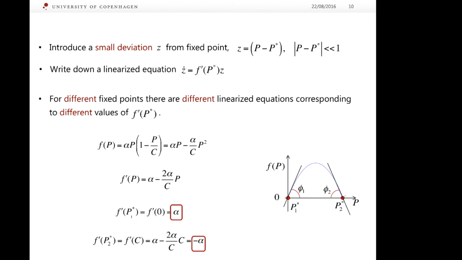So if we consider the angles these tangent lines make with the horizontal axis, these will be some angles phi1 and phi2, then it means that the tangent of phi1 is plus alpha and the tangent of phi2 is minus alpha.